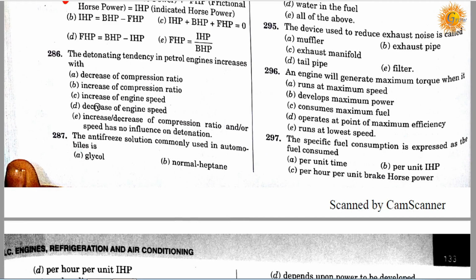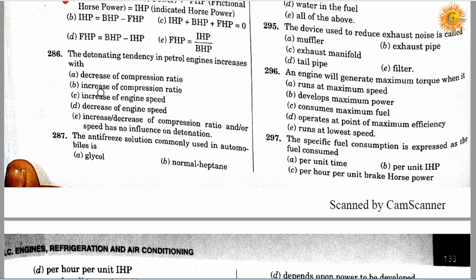Question number 286. The detonating tendency in petrol engines increases with: option A, decrease of compression ratio; option B, increase of compression ratio; option C, increase of engine speed; option D, decrease of engine speed; option E, increase or decrease of compression ratio and speed has no influence on detonation.